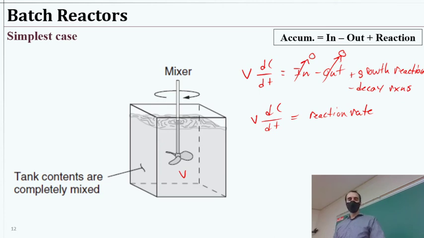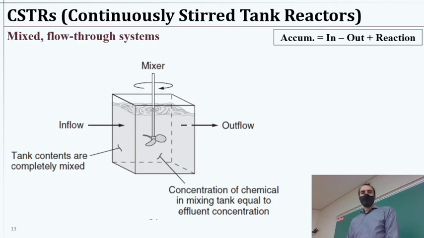A CSTR, on the other hand, is in some way simple in that you've got the continuous stirring, you've got the inputs, the outputs, some reaction going on, and that's kind of that. In this case, though, our accumulation rate, we had in that volume V dC/dt.